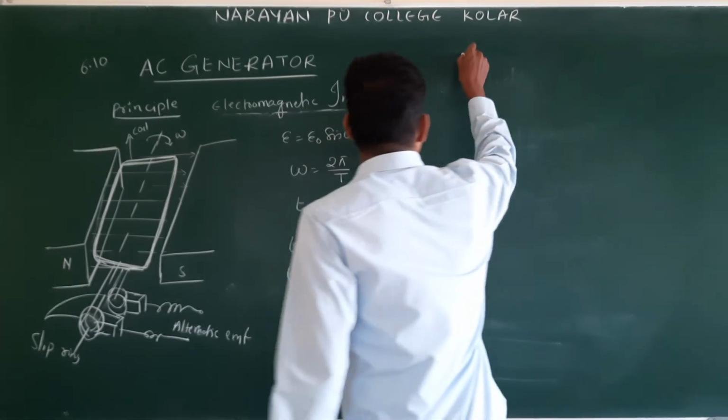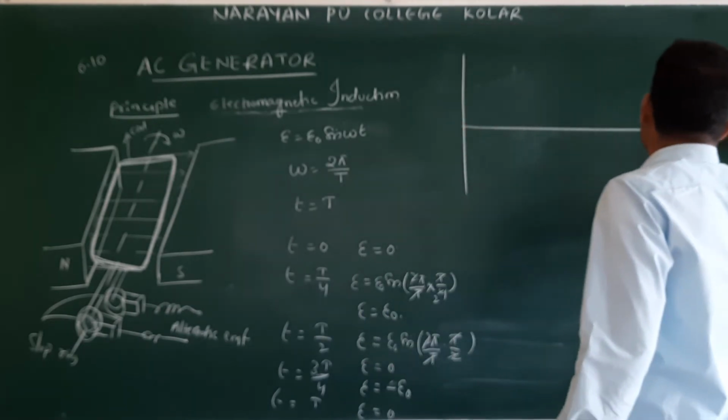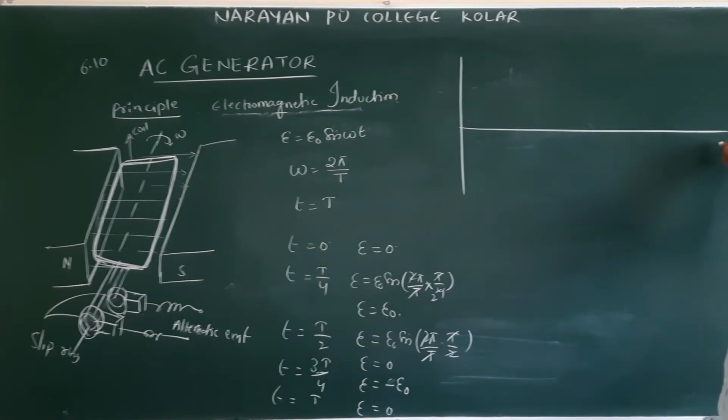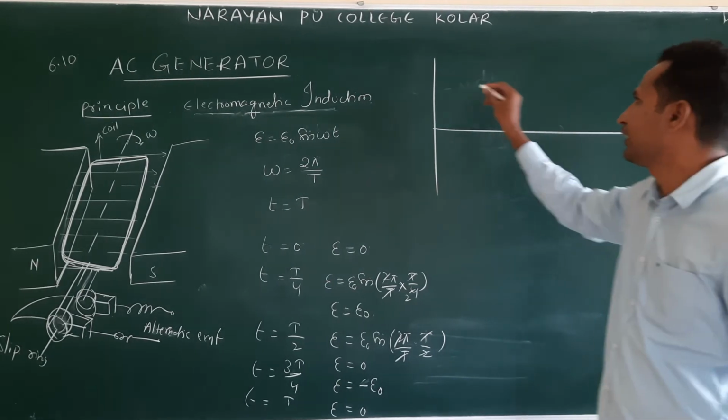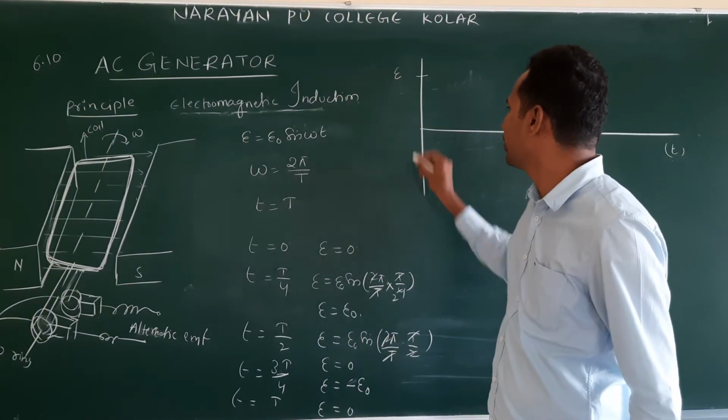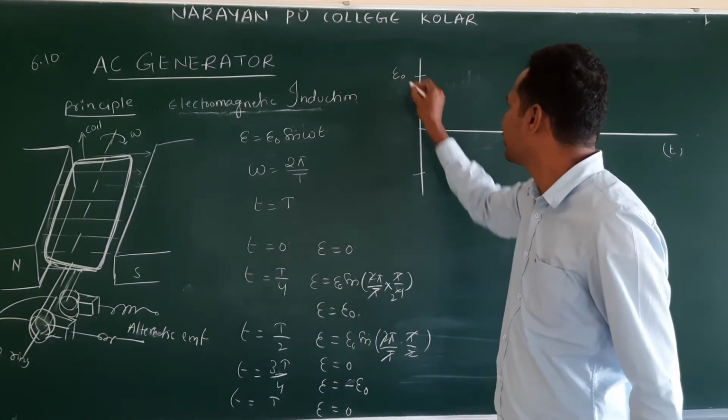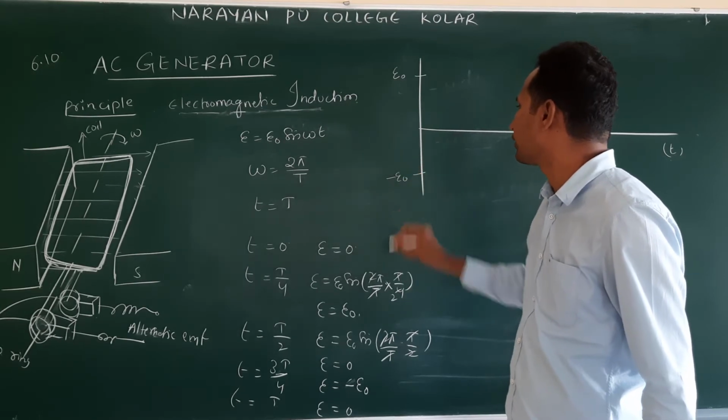So I am drawing the graphical representation here. I am taking T on the x-axis. This is positive EMF, this is E naught, and this is negative EMF, minus E naught.